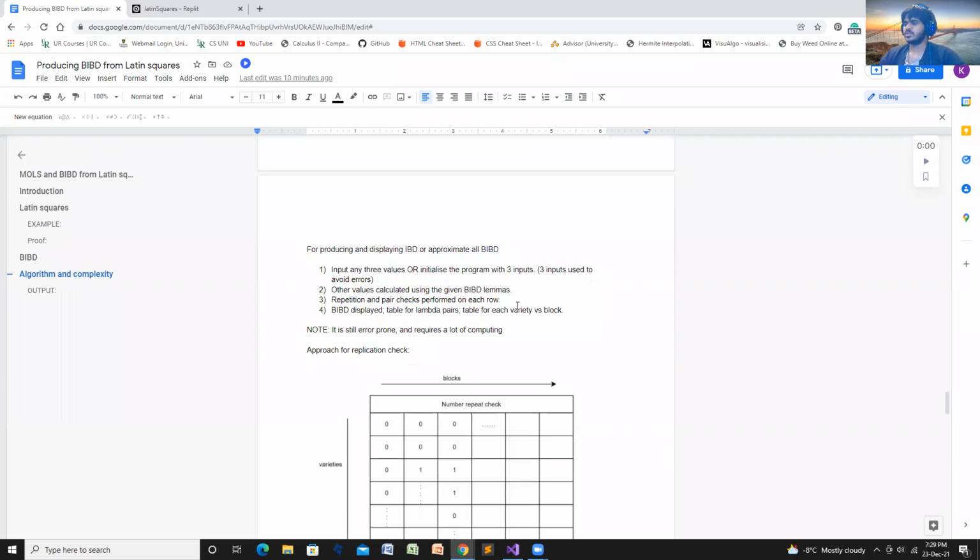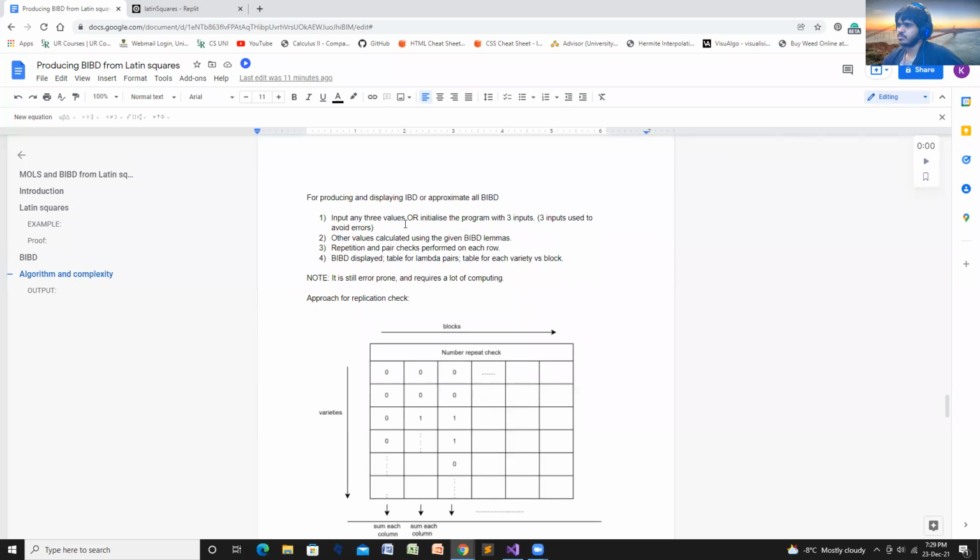Now for producing and displaying IBD, that is incomplete block design, which might or might not be balanced, or approximate all BIBDs. First we'll be inputting 3 values, or initializing the program with 3 inputs. This is what I'll be doing.